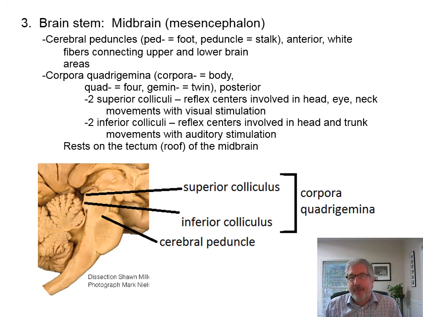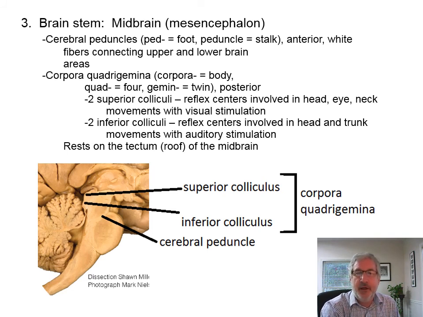Next slide. Okay, so the midbrain is the last piece of the brain stem, and it's also referred to as the mesencephalon. At the very end of this, I'll go through what diencephalon, mesencephalon, and telencephalon mean. They actually come from embryology, very early in development of the organism.